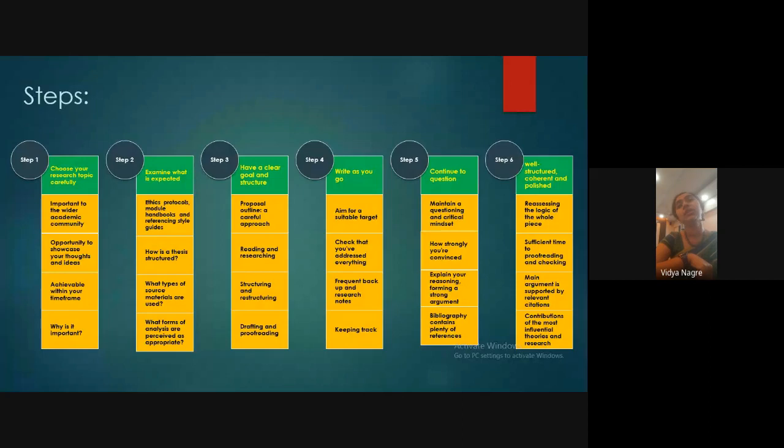Another thing is you cannot simply jump from your place, go to the field site, and start doing your research. You should always have a concrete theoretical background, some theories. Somebody must have jotted down some theory. For example, if you are doing research in education, then you can talk about Gardner's theory of multiple intelligence.